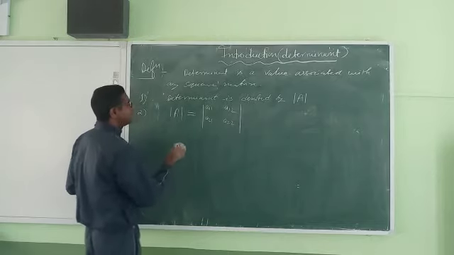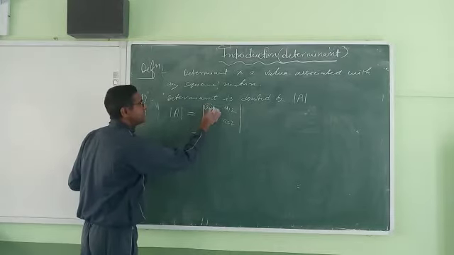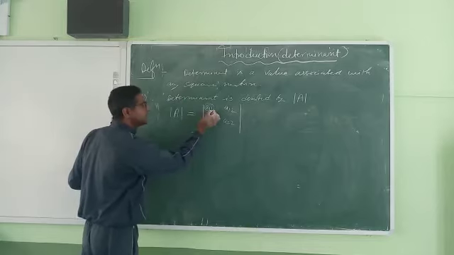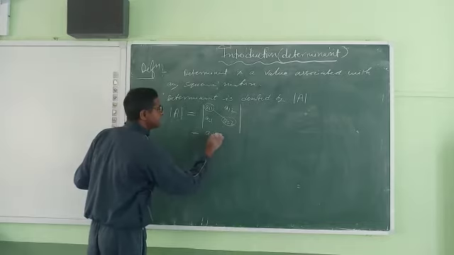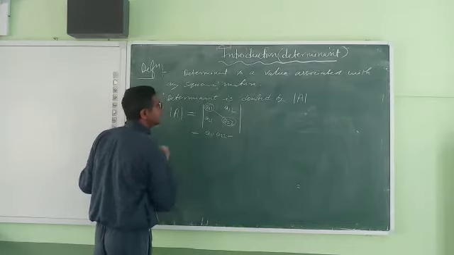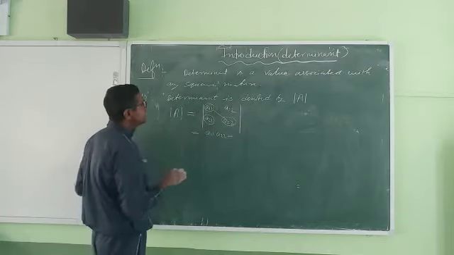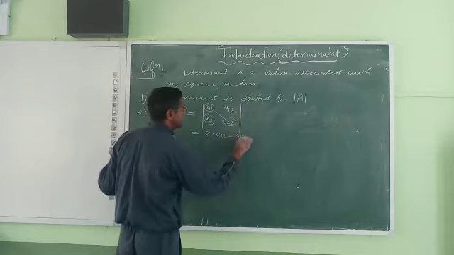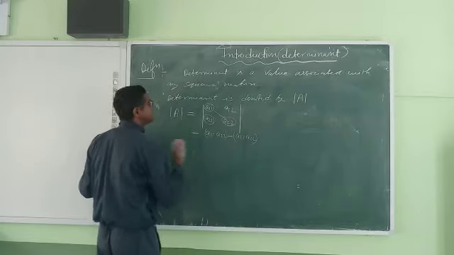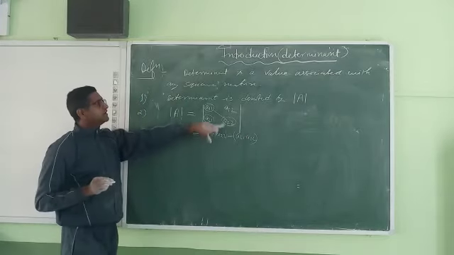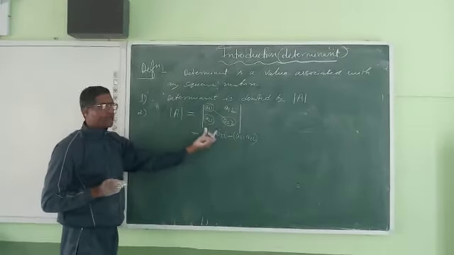For simplification of this determinant, you will multiply left top element with right most bottom element, means A11 into A22, minus left most bottom element with right most top element, A21 into A12. You will write minus sign between these two multiplications. This is the value of a determinant of order 2 by 2.